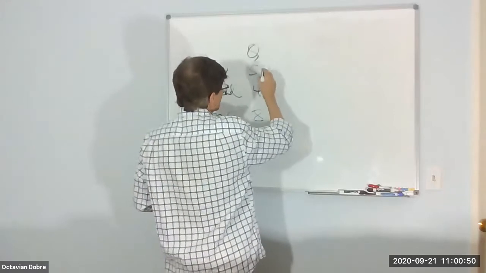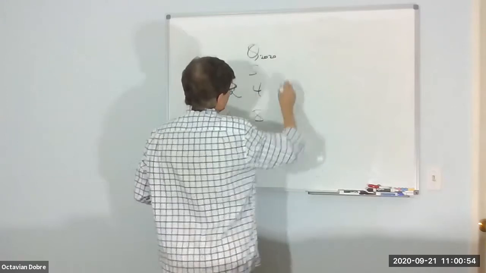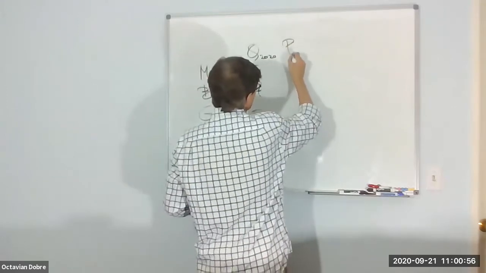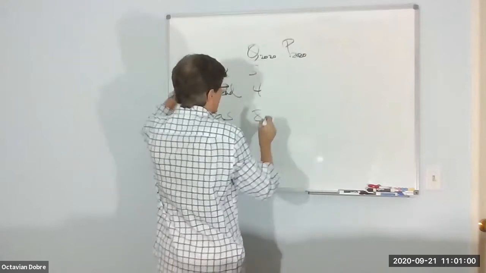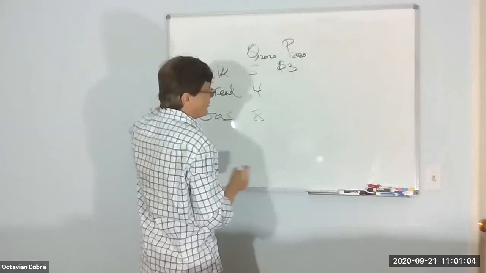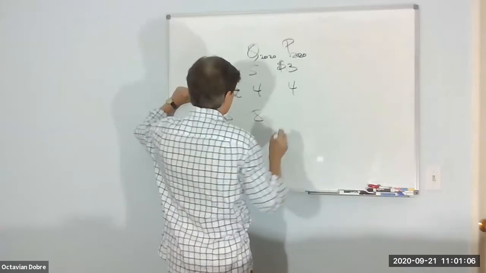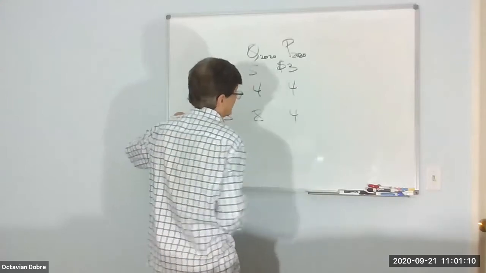This is the consumption in 2020. And the prices of those goods in 2020 is a gallon of milk is $3, a loaf of bread is $4, and a gallon of gas is $4.